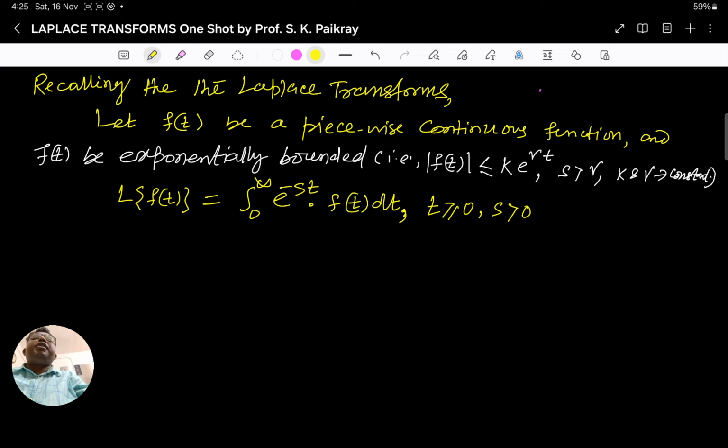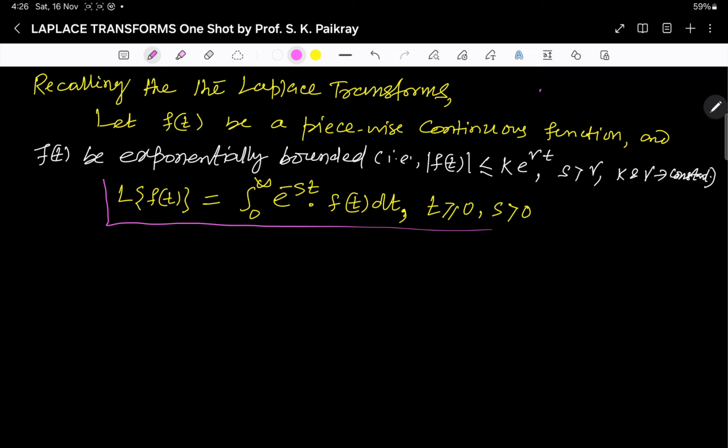So now coming to the Laplace transforms. Let me recall the Laplace transforms, and I can say the existence condition here. You know the definition of the Laplace transform. L of f(t) is the integral from 0 to infinity of e to the power minus st into f(t) dt.